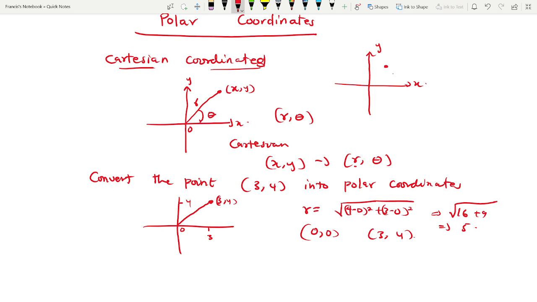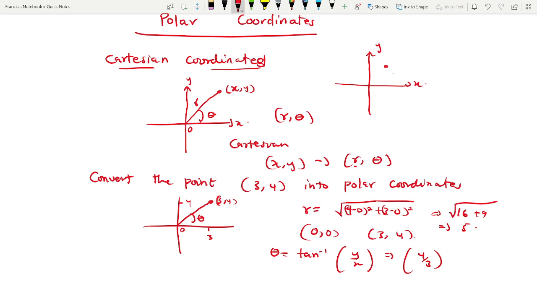The next thing is to find the angle theta, which is the angle this particular line makes with the positive x-axis. Angle theta is always given as the tan inverse of y over x. In this case, our y is 4 over 3.